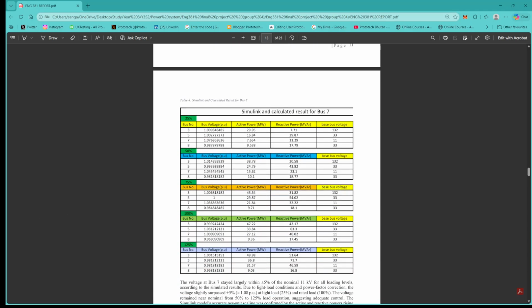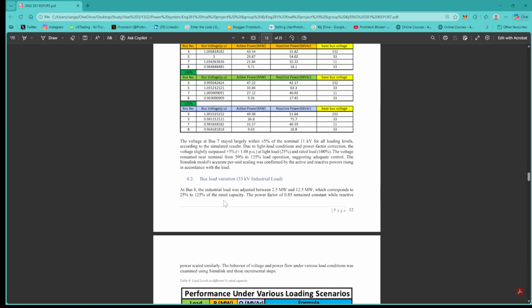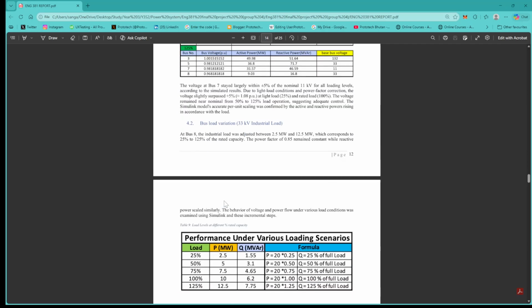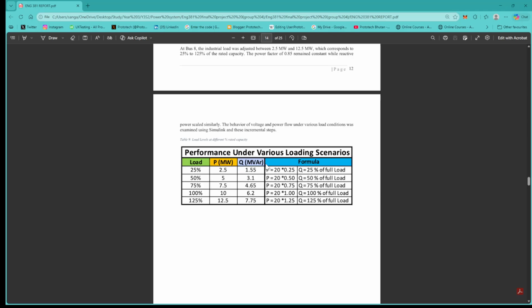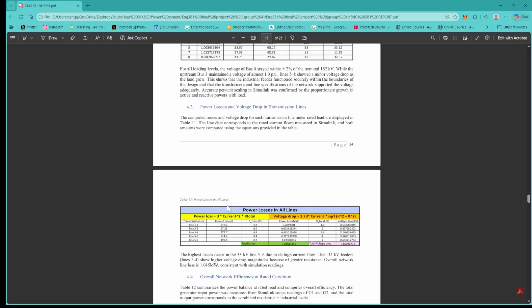Next, we calculated the power losses and voltage drop in the transmission line.